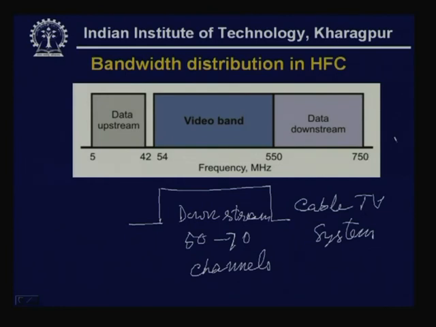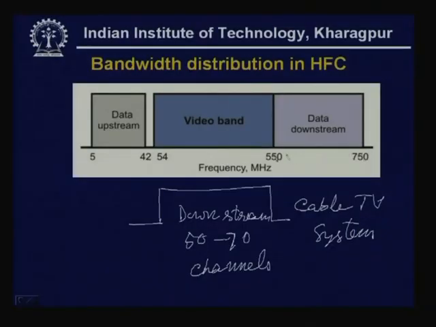You may be asking why the upstream bandwidth is smaller than the downstream bandwidth. Usually it is used for internet service, for providing internet service to the residential users. So, in such cases usually the data which is going from the users to the internet is small.